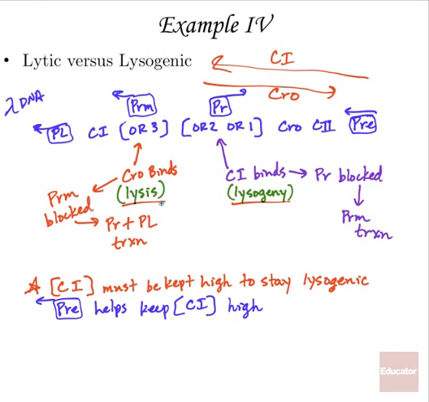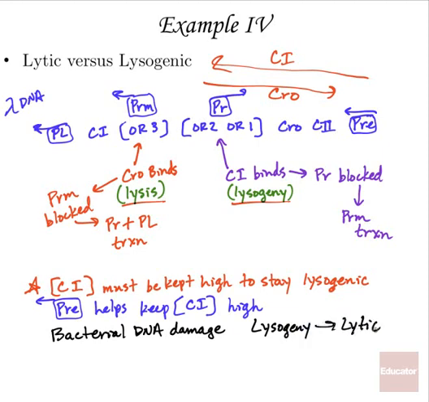And now, other than transcriptional regulation, DNA damage can play into this. For example, if we have bacterial DNA damage, that can actually shift you from lysogeny to the lytic phase. How does it do that?